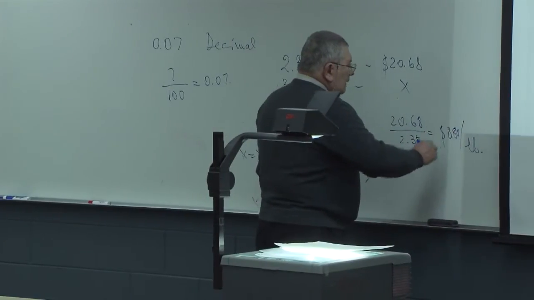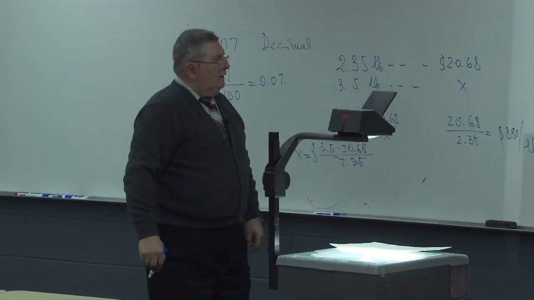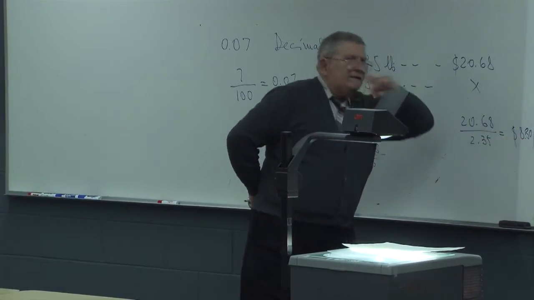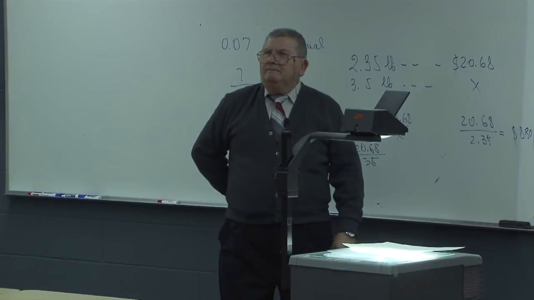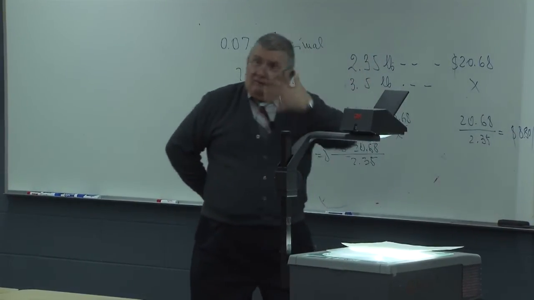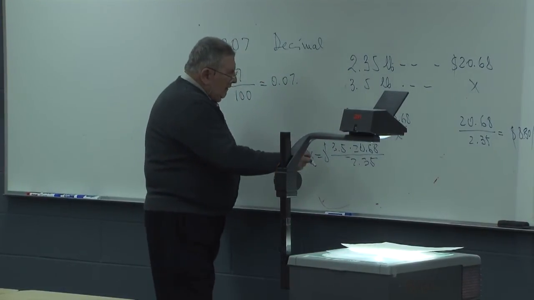So therefore, 3.5 pounds will sell 3.5 times more than 8.80. And here you multiply 8.80 with 3.5 and get the number. Do you see here?